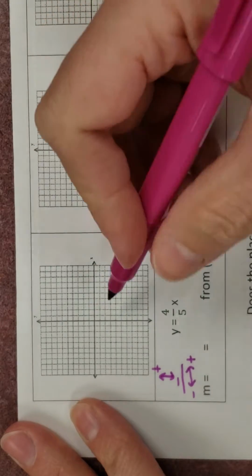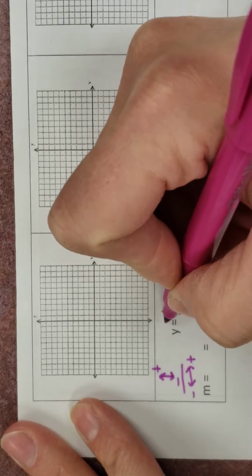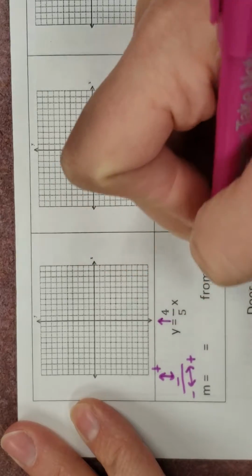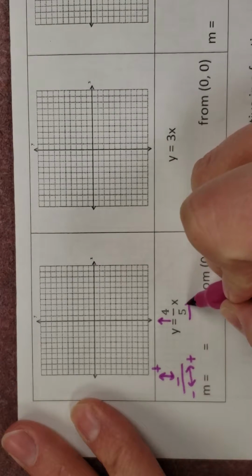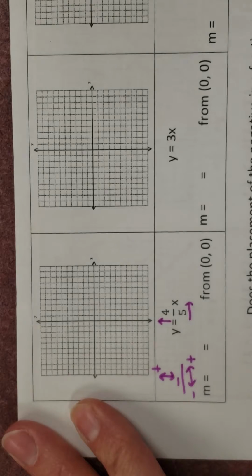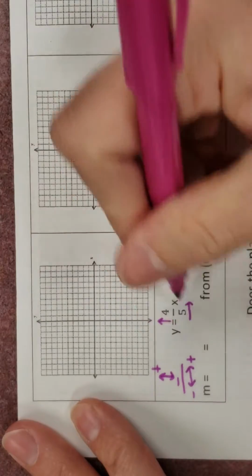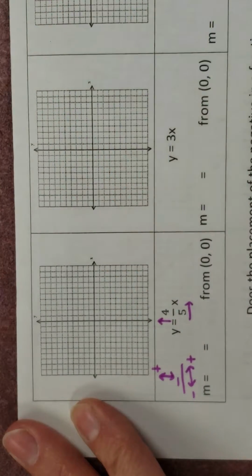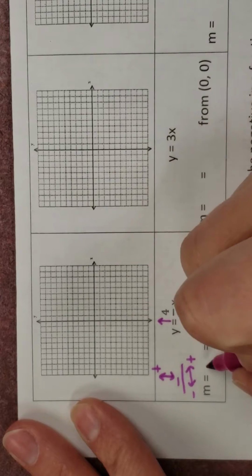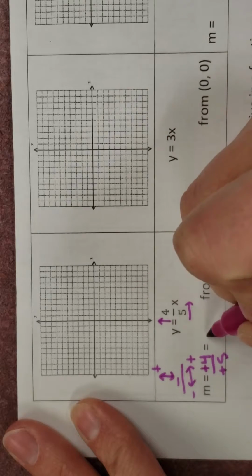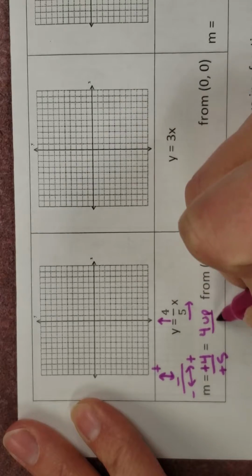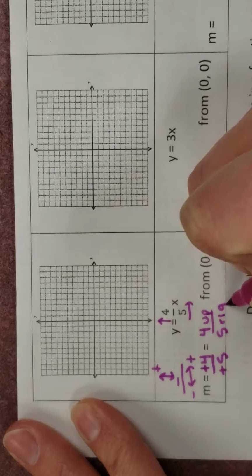So if my numerator is positive, I'm going to travel 4 up. And if my denominator is positive, positive is also right. I recommend that while you're getting used to this, you label your slopes with those little arrows. So we had a positive 4 over a positive 5, so that means 4 up and 5 right.